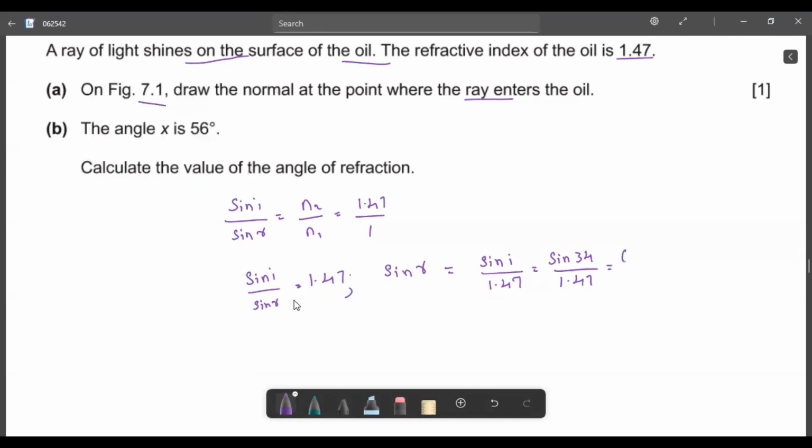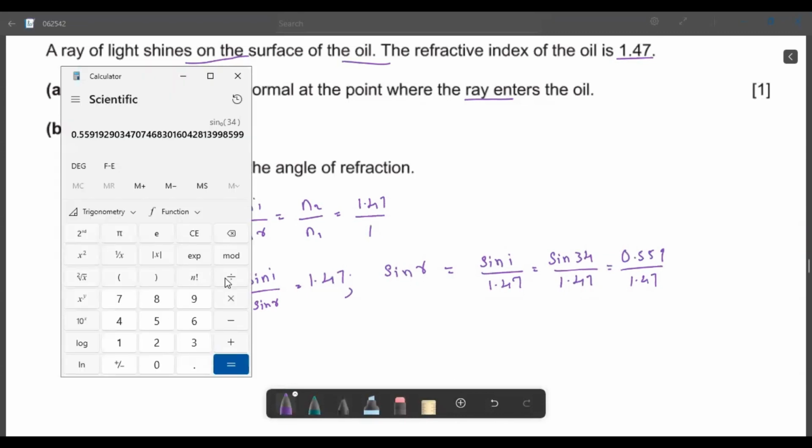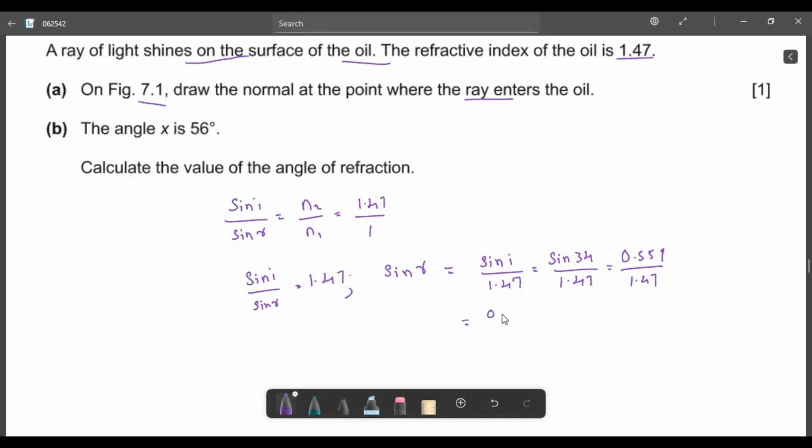Sin 34 is 0.559 by 1.47. So this answer divided by 1.47, that is equal to 0.380. So sin R is equal to 0.38.